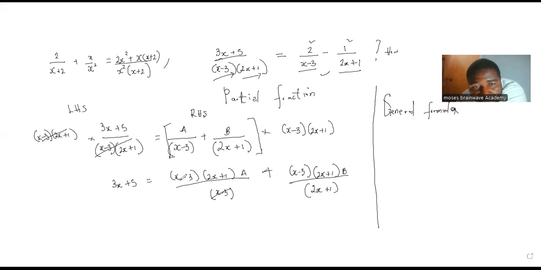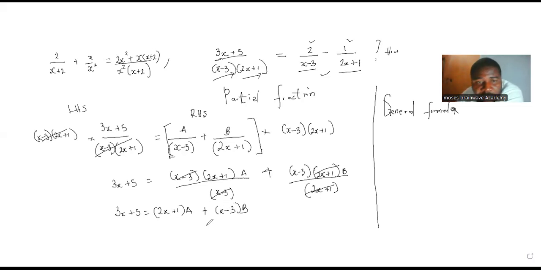Fantastic. I know this and this are going out. Similarly, this and this are going out. So we'll have 3x plus 5 is equal to 2x plus 1 times a, plus x minus 3 times b.